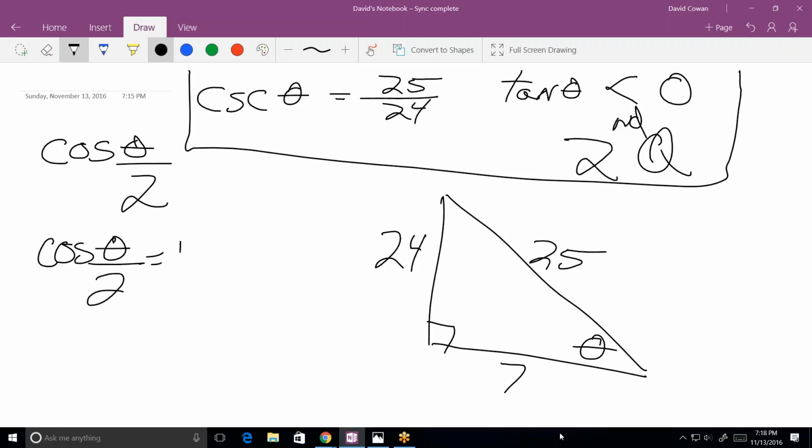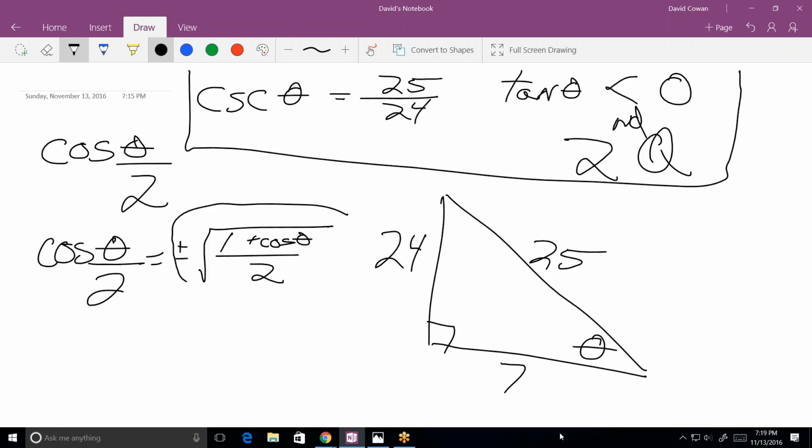It's plus or minus the square root of 1 plus cosine of theta over 2. Well, we know what the cosine of theta is, so let's just answer that, and we'll know whether it's plus or minus based on which quadrant it's in.